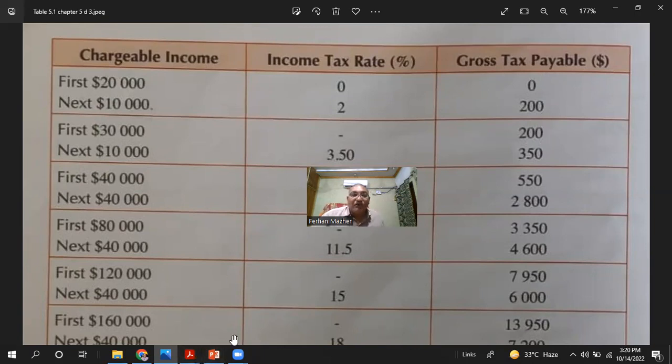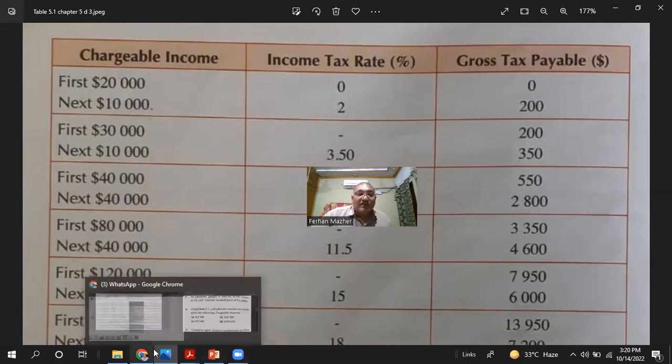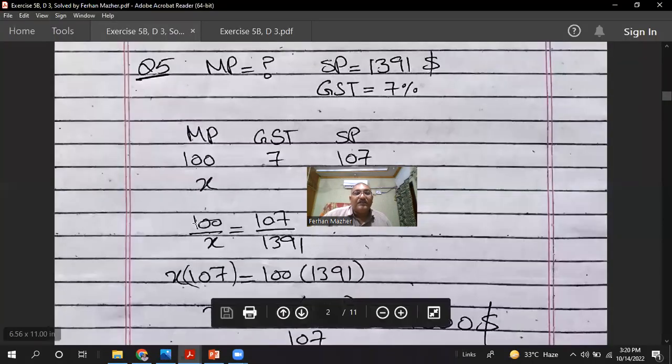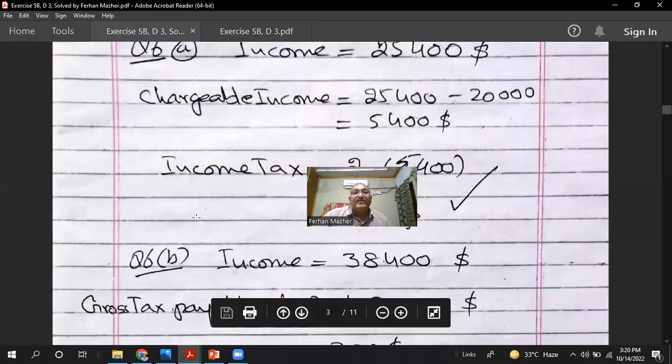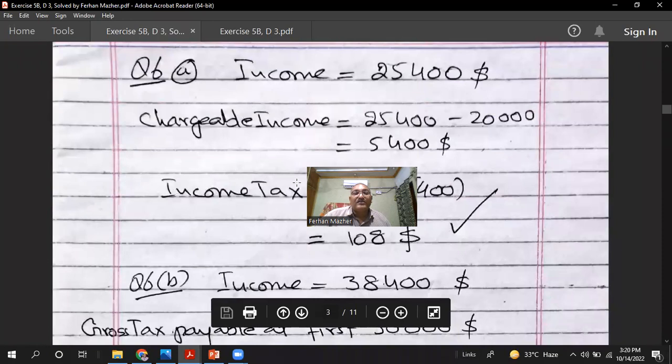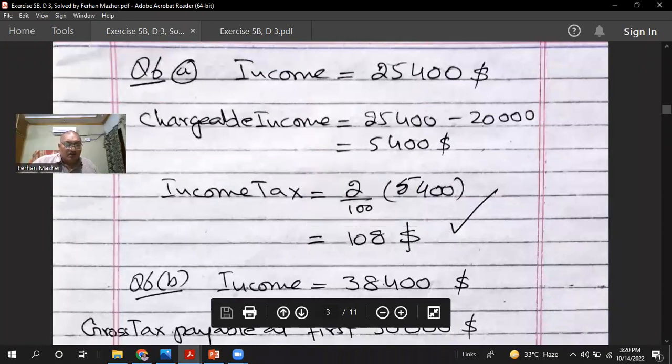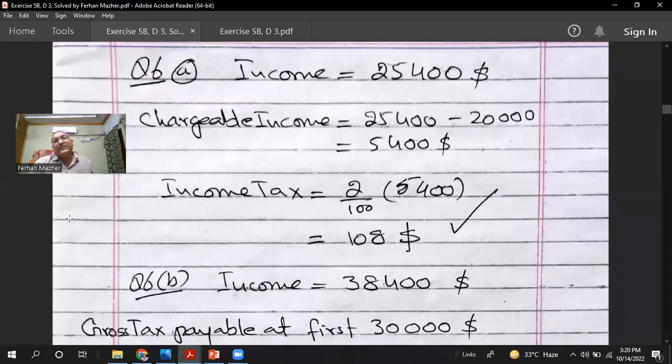This is table 5.1 on your screen. Let me show you how this is done. Okay, so we are going to the next question, question number 6A. The income is $25,400. The chargeable income, on which you can apply the tax, is 25,400 minus 20,000, so it's $5,400.